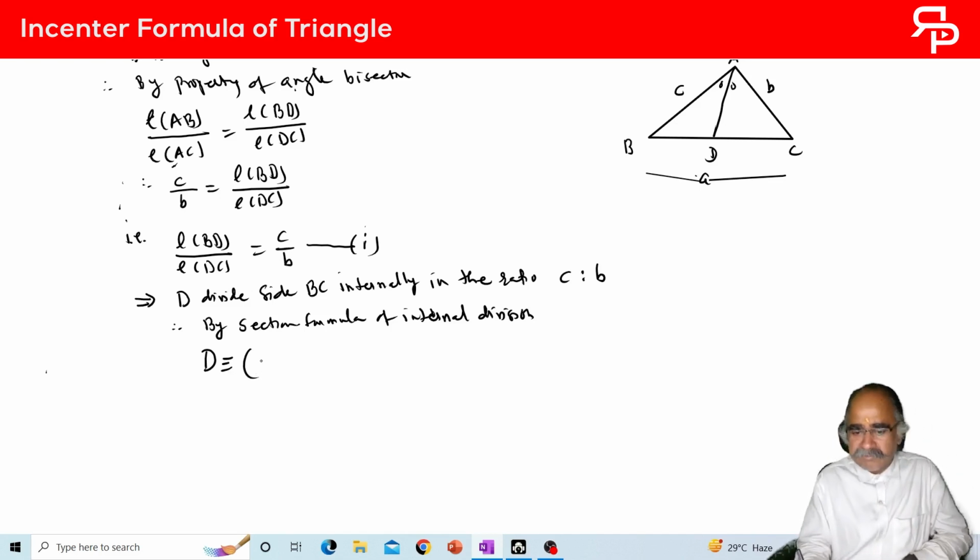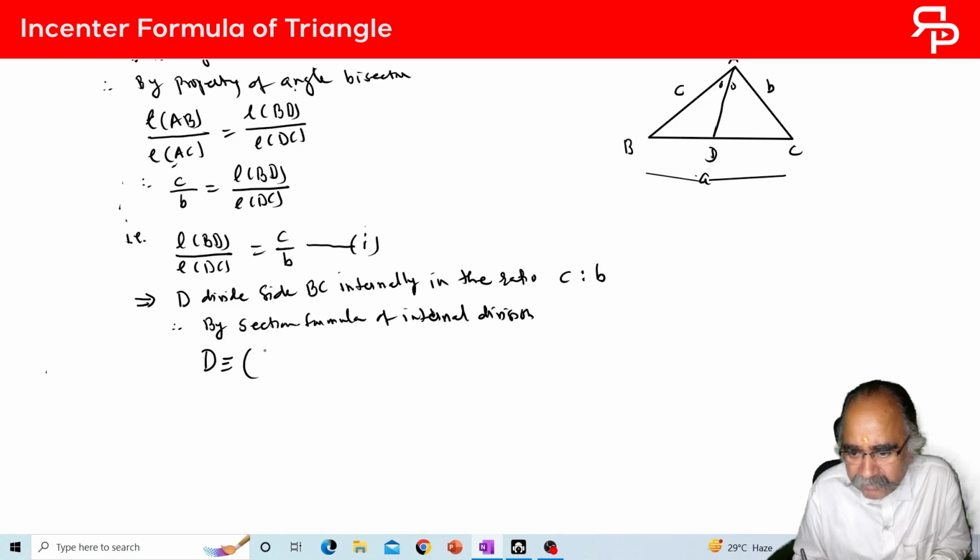Section formula means cross multiplication. The first number of the ratio is c; c is to b is the ratio. So c is multiplied to the coordinate of capital C, because it is the second point of the segment BC. So c into x3 plus b into x2, divided by c plus b.